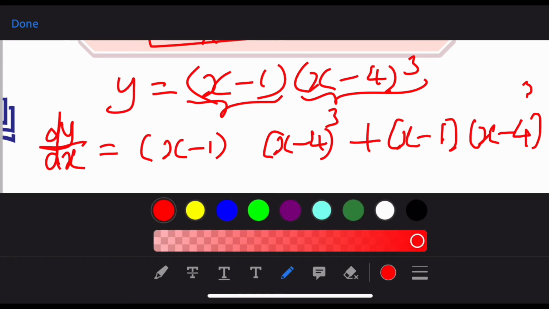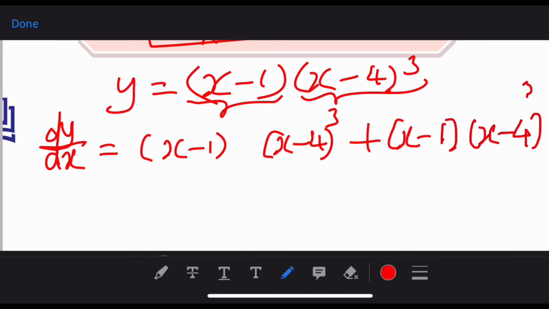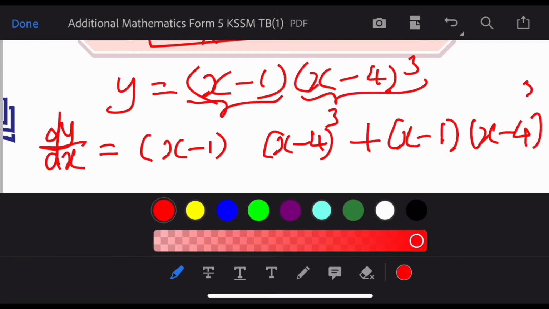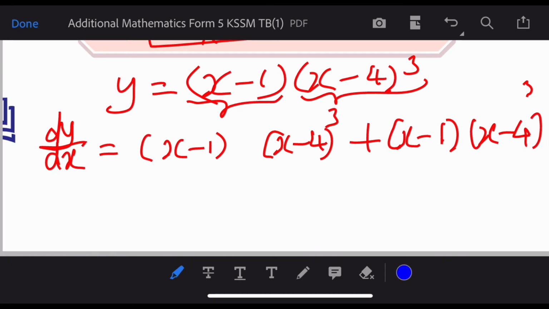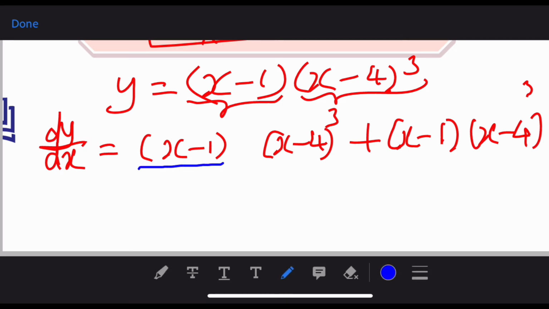Then I will remember what my teacher taught. My teacher said whenever you have the product rule, you have to do like this. You always copy this thing. I'm going to highlight it to you. You copy this thing, and this one you differentiate.